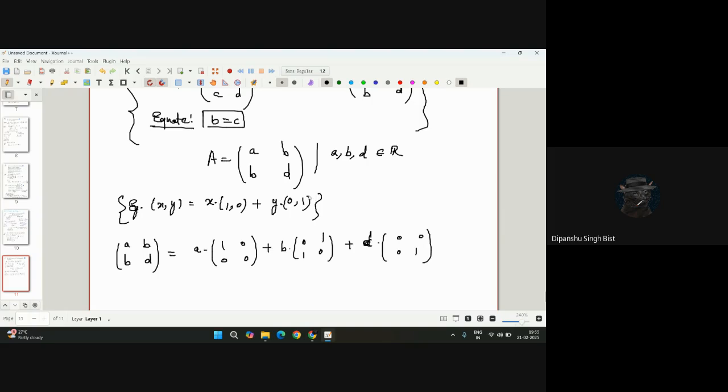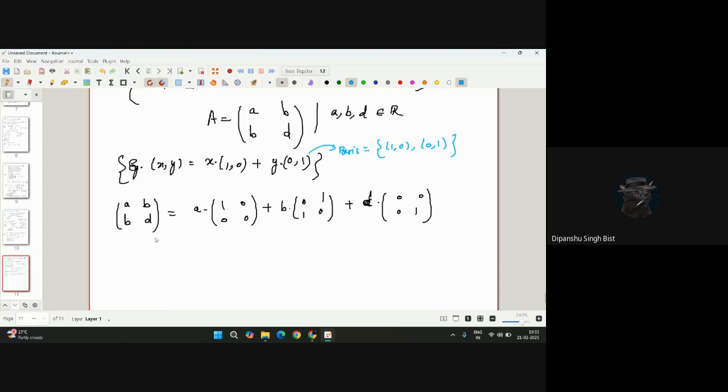Okay, so here what we were saying is that our basis in this case was (1, 0) and (0, 1). Like, we do not take the coefficients, right? So similarly, the basis in this case is going to be this.